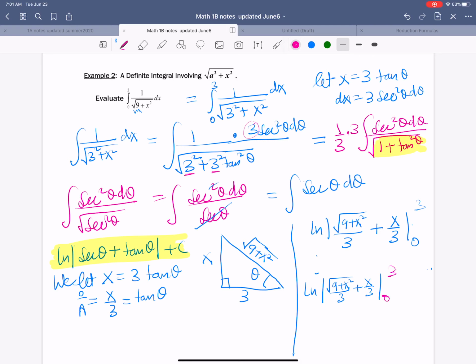So if I start by plugging a 3 in here, I will have natural log of square root of 9 plus 9 is 18 over 3 plus 1 minus natural log of square root of 9 over 3, that would be 1, plus 0 over 3 is just 0. And natural log of 1 is 0, so that does not even matter if you write it or not. We know that it's equal to 0. So that's my integral. That's what my definite integral comes out to be.